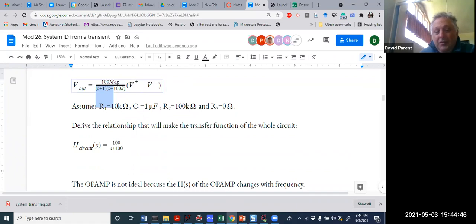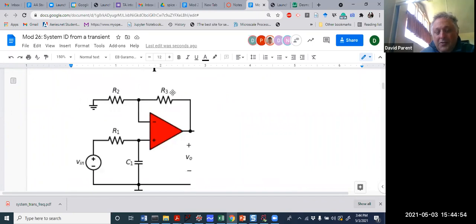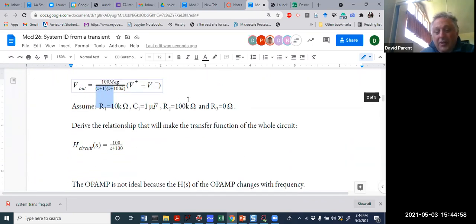And then I'm giving you some values. R1 is 10K, C1, R2, and R3. And yeah, R3 is 0, which turns this into a wire, which makes the gain equal to 1, right? Because by inspection, it's a non-inverting gain stage.